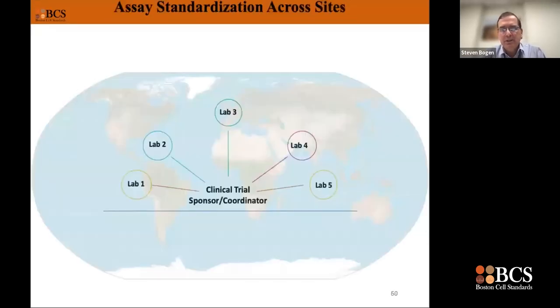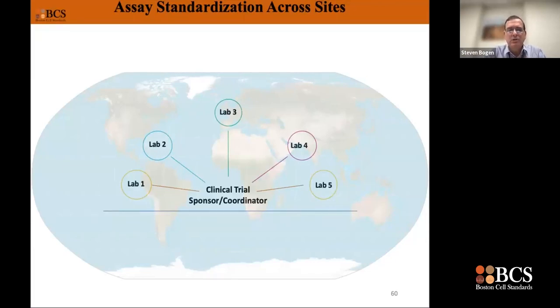The last pitfall I'm going to discuss is a little later in the development stage, in conducting multi-site clinical trials. In conducting such a trial, an important question is how to standardize testing across all the sites. And now remember, hopefully you've already identified the correct assay cut point.